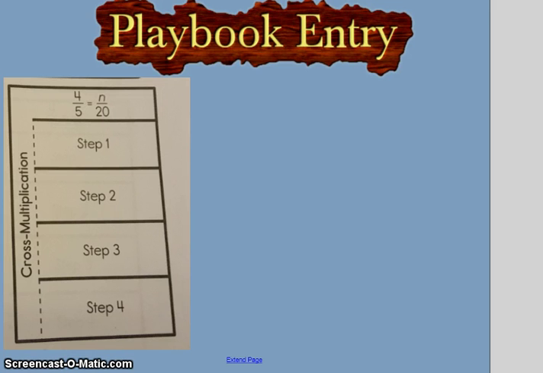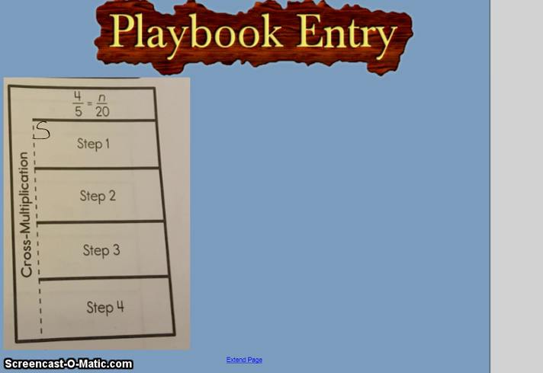So to start with, I'm going to write the definition actually on step 1 flap. You need to write it down on the back of it.